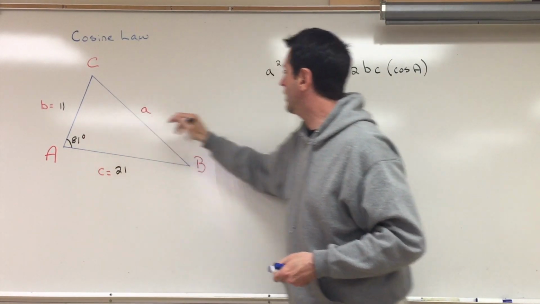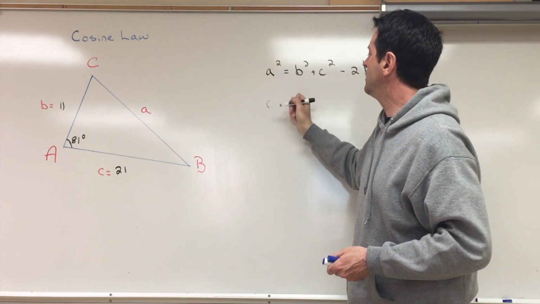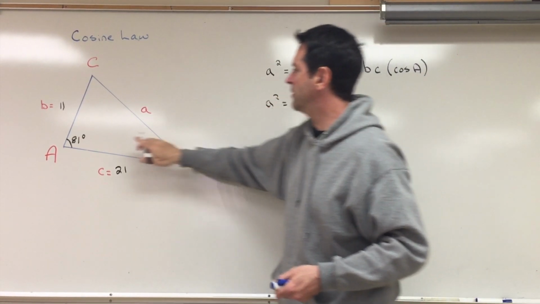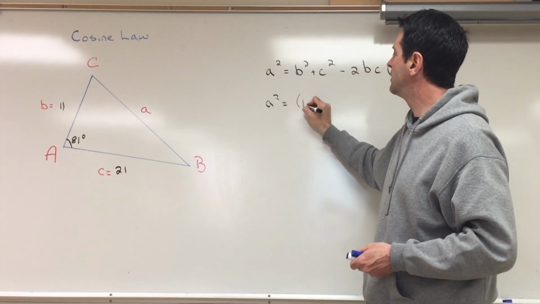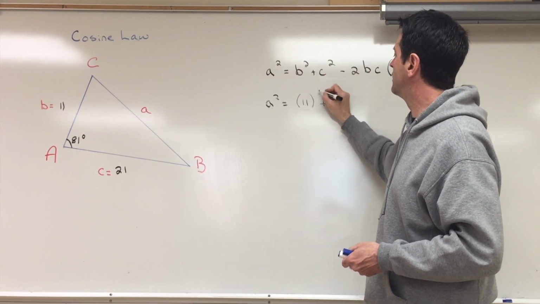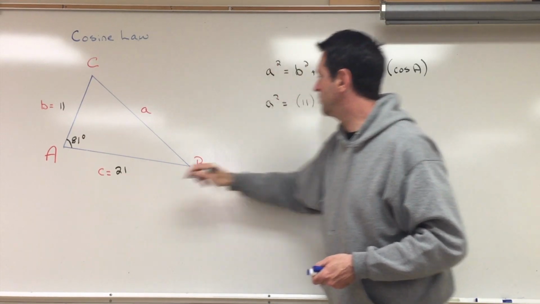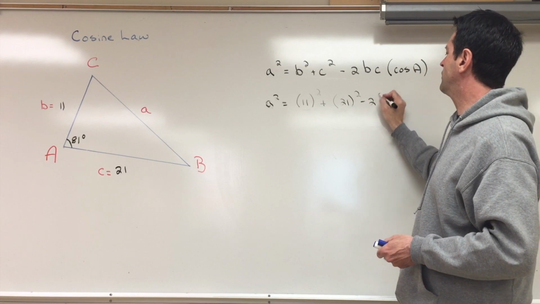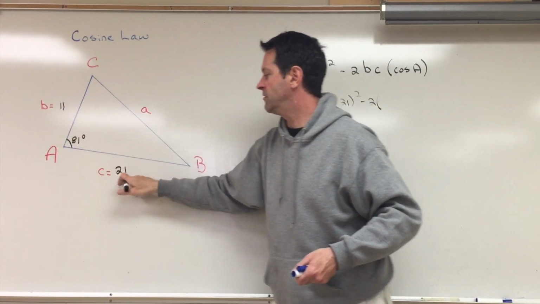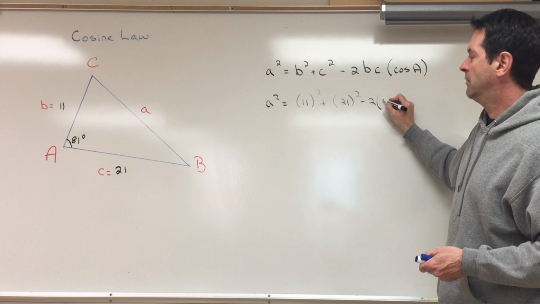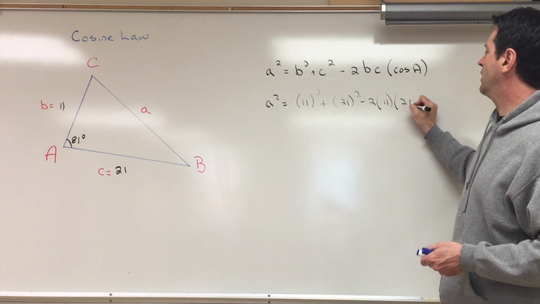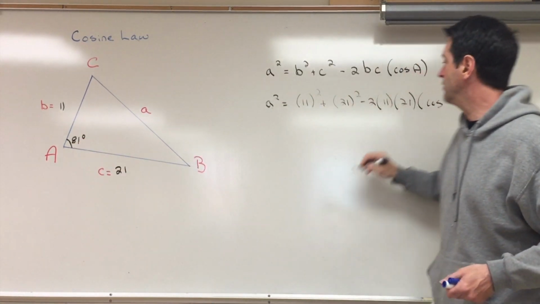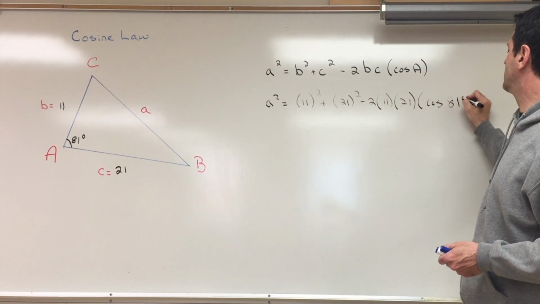So I'll substitute: little a squared equals little b squared, so that's 11 squared, plus little c squared, 21 squared, minus 2 times b, c, 11 times 21 times the cosine of angle A. That's 81 degrees. The cosine of 81 degrees.